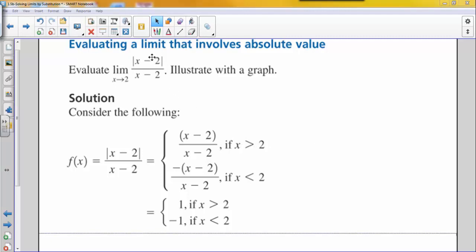For values where the absolute value is negative, so values like 1, 0, anytime x is less than 2, this term inside the absolute value is negative. And so in order to change that value to be a positive value, we have to multiply it by -1.